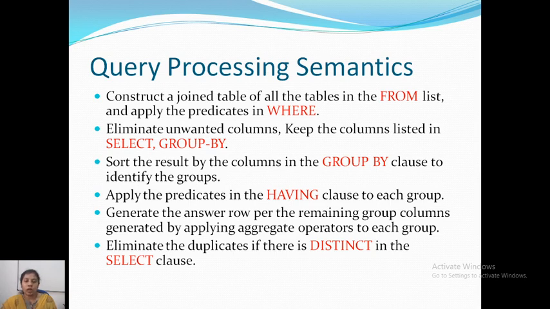Then sort according to the grouping attribute and make a group. If there is a condition on the group, like a having clause, then that condition will be applied on the group and it will generate the resulting row. Then if you have specified distinct, the duplicates will be eliminated from the result. So this is the sequence.